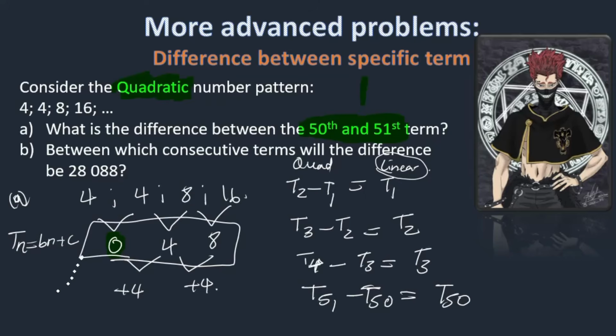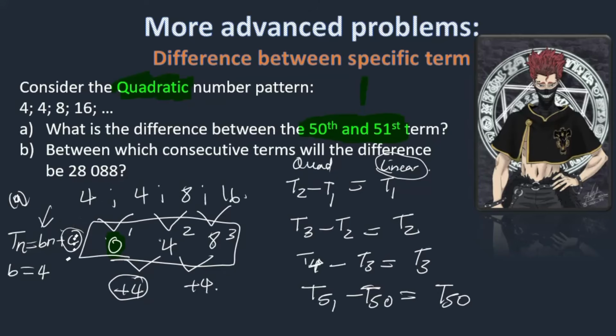And then what do I know about B? I know that B is this constant difference. So I'm going to say my B is equal to 4. What do I know about my C? I know that my C is the value before the first value. So this is the first value, this is the second value, this is the third value. Let me take it from here and go backwards. Subtract 4, which means to get here, I need to subtract 4.